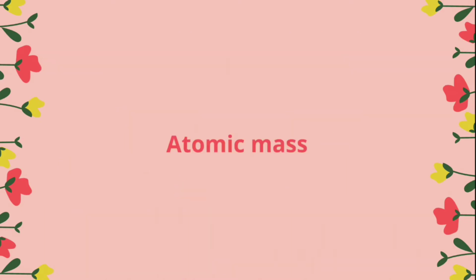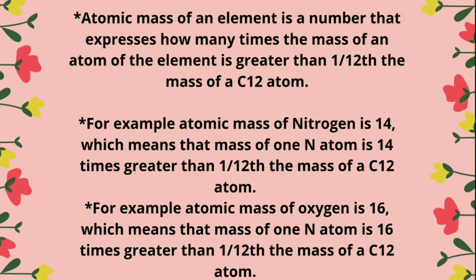Atomic mass. What is atomic mass? Atomic mass of an element is a number that expresses how many times the mass of an atom of the element is greater than 1/12 the mass of a C12 atom.